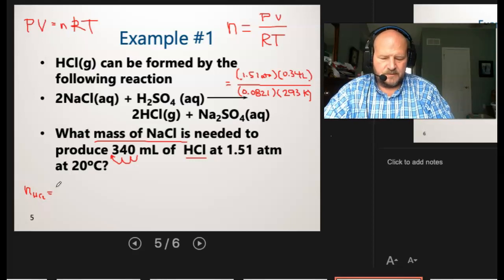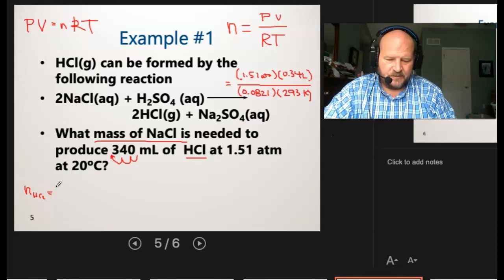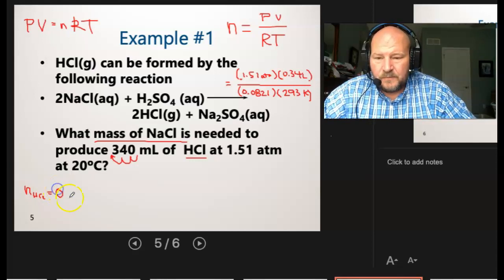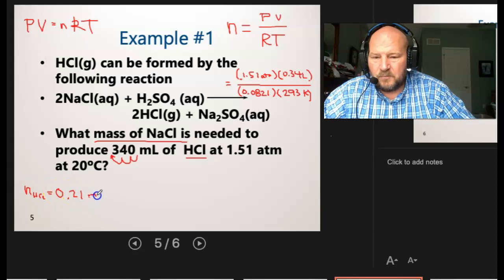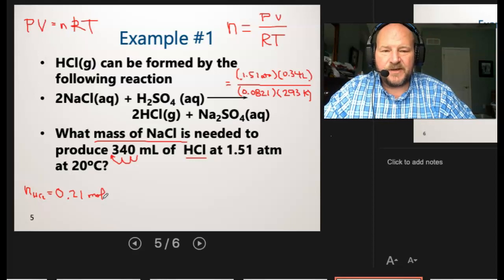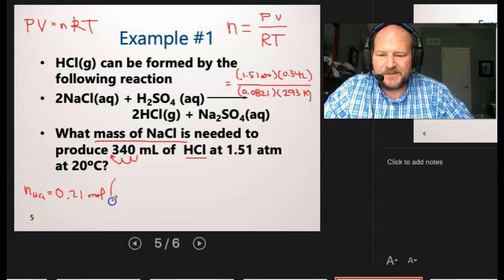We're going to take 1.51 times 0.34 divided by 0.0821 divided by 293, and that gives us 0.21, and we get 2 sig figs, so 0.21 mole. Now that's of HCl, so that's not answering our question. That's telling us how many moles of reactant we had. Remember, we have 2 more steps.